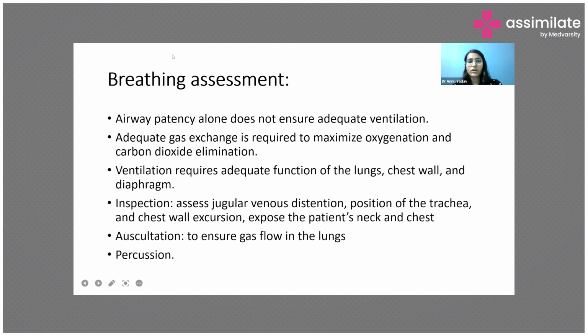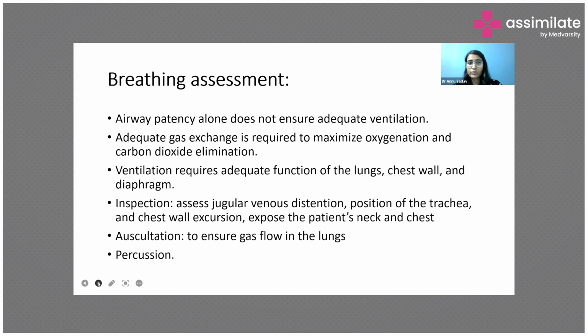Now, as we have completed the airway part, once the airway is controlled, we can go for breathing assessment. Airway patency alone does not ensure that ventilation is adequate.